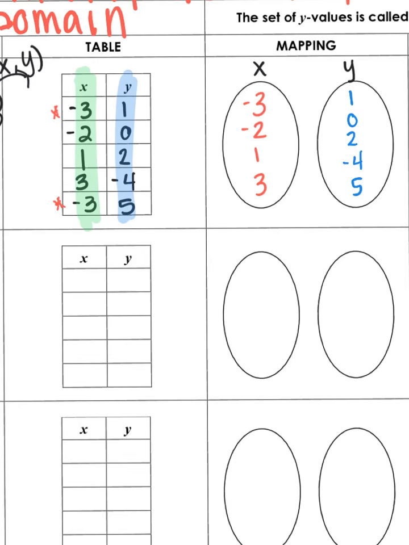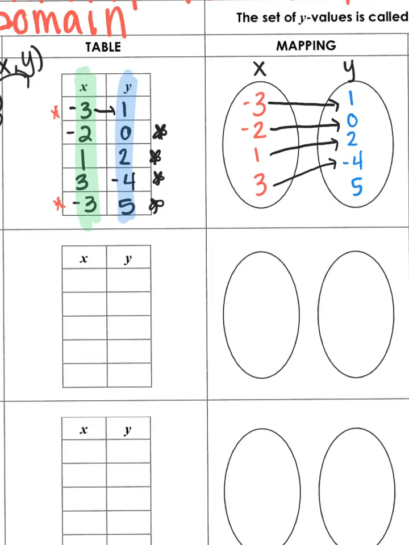Now with mapping, we're going to have to draw arrows. So we're going to have to show what number -3 goes with. What y value does the x of -3 go with? So -3 goes with 1, so I'm going to draw my arrow from -3 to +1. -2 goes with 0, so draw an arrow from -2 to 0. 1 goes with +2. 3 goes with -4.